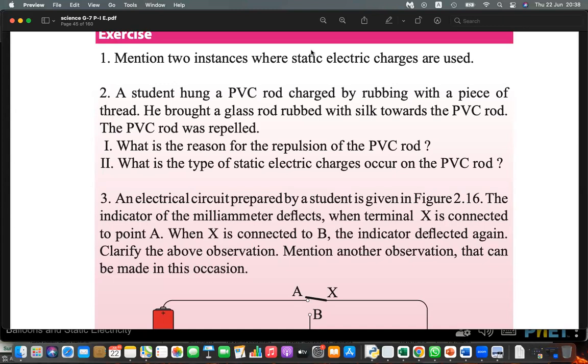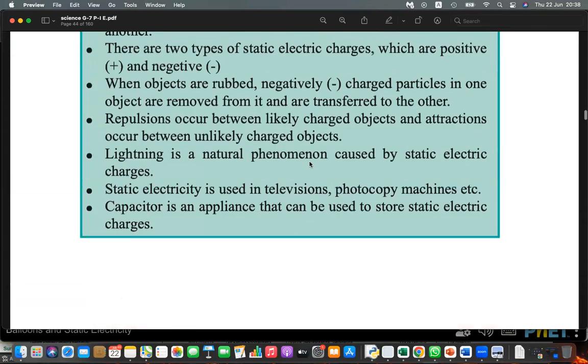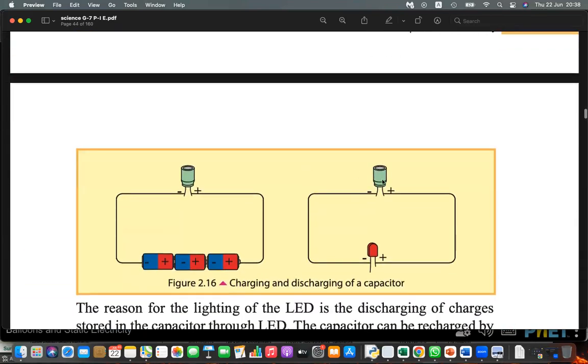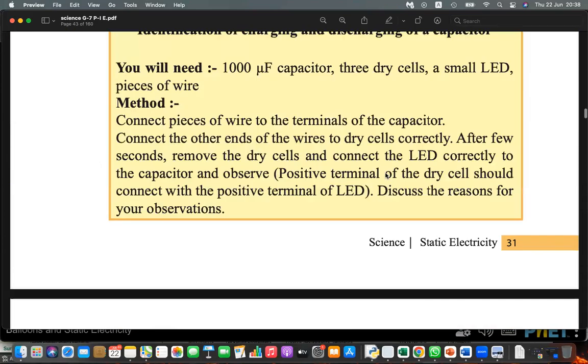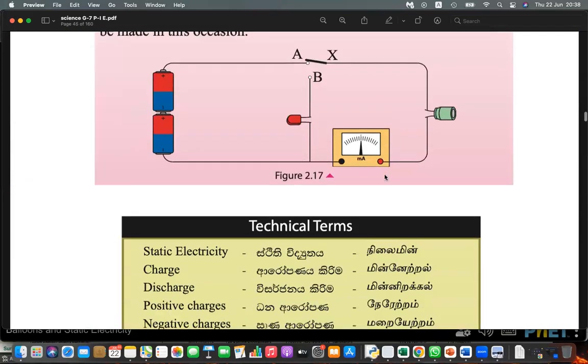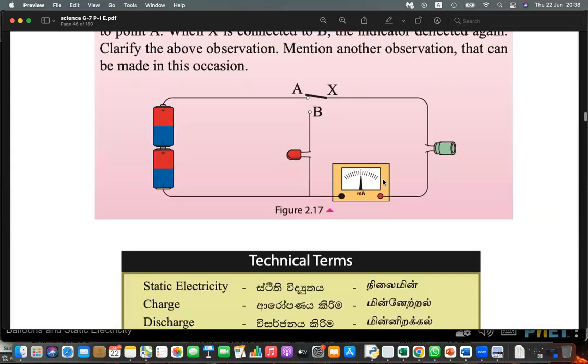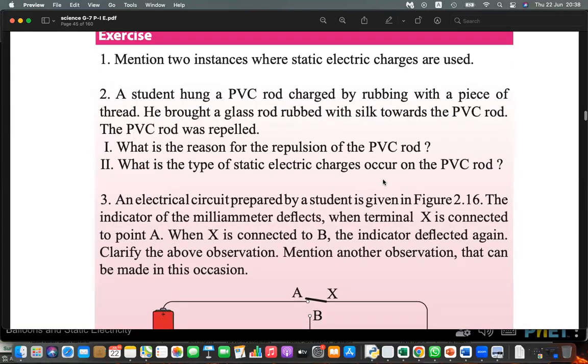Capacitors are used here. Capacitors for charging use static electricity, right? Capacitors and also dust cleaners, ink sprayers, toners and printers. These are the places where static electricity is used.